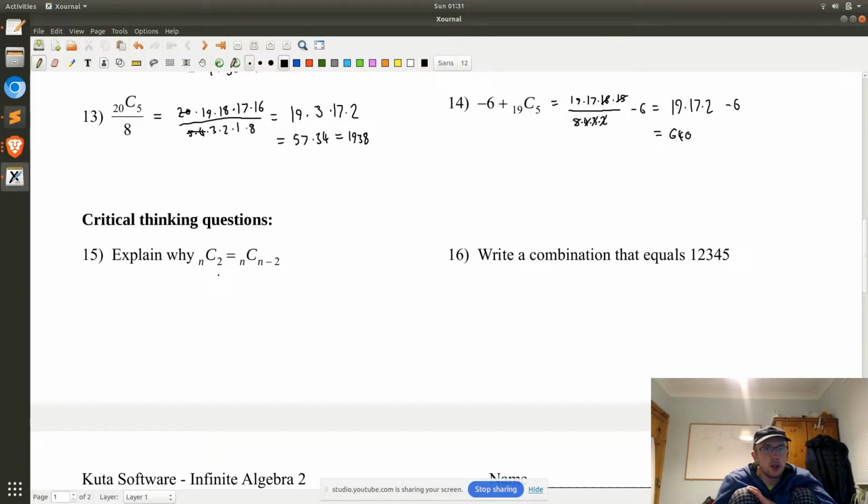Explain why n choose 2 equals n choose n take 2. I mean, you can do it the formula way.